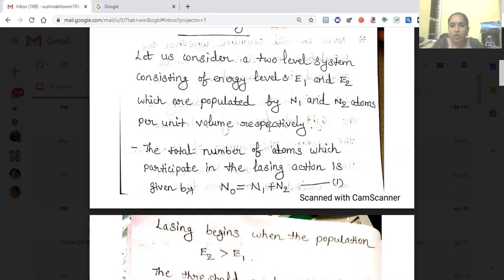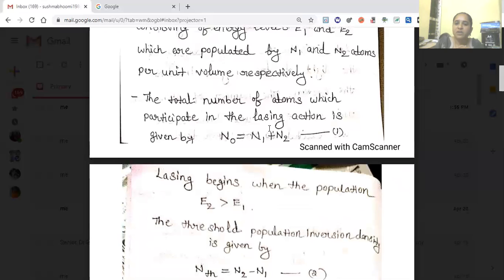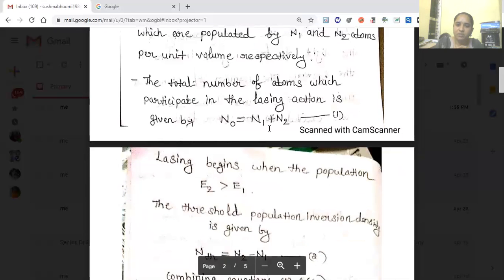Here we take the total number of atoms: in the energy state E1, N1 atoms, and in energy state E2, N2 atoms. Total number of atoms required to attain the lasing action, so N0 equals N1 plus N2. We call it equation number 1.